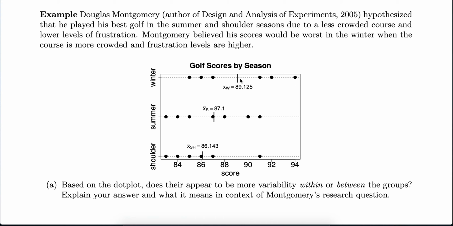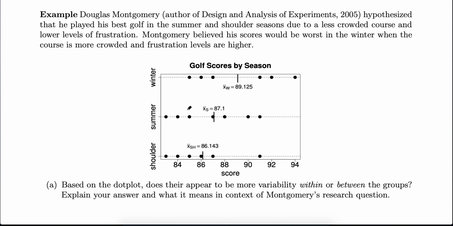We can see he has higher average scores in the winter compared to the other two. Our first question is, based on this plot, does it appear like there's more variability within the groups or between the groups? Remember, within variability is this idea that if I'm looking at the winter season and here are the golf scores, even though I'm in the winter, there's still differences in my scores for each game.